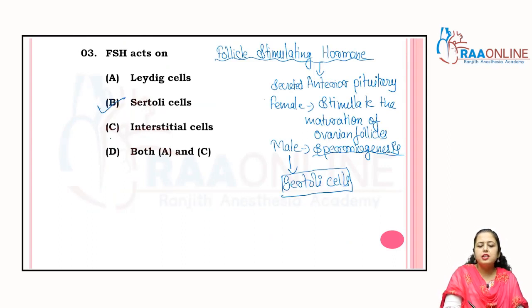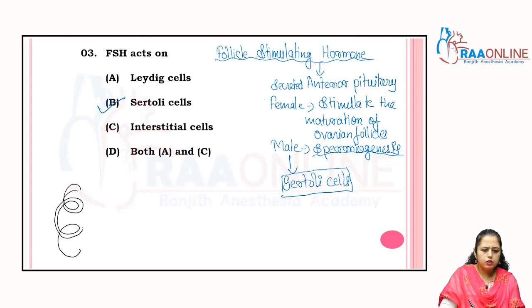Now the Leydig cells and interstitial cells. These are the seminiferous tubules, right? And between these, that space is called the interstitial space.